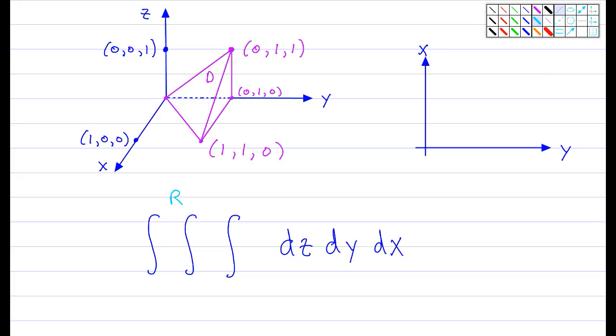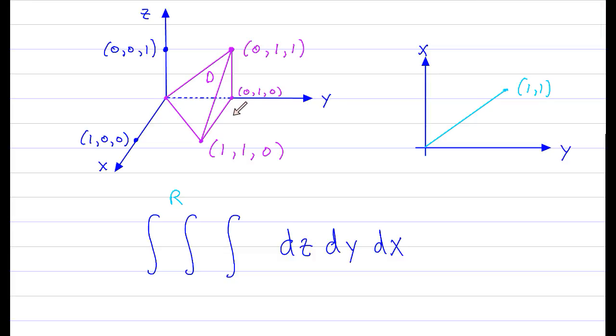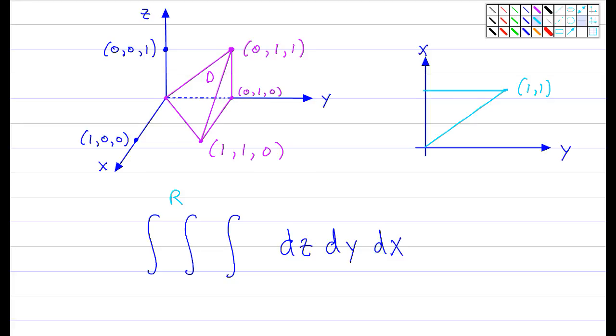You can see we have a line which goes from the origin to the point (1, 1, 0), which in the xy plane is just the point (1, 1). We have this line over here, which is the line y equals 1 in the xy plane, so I'm going to draw that over here.